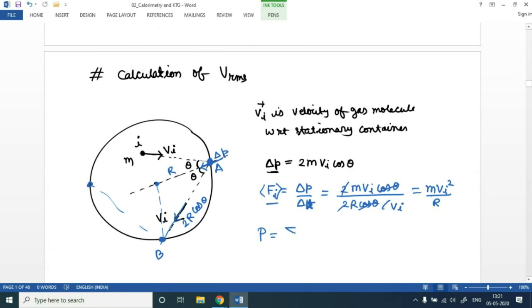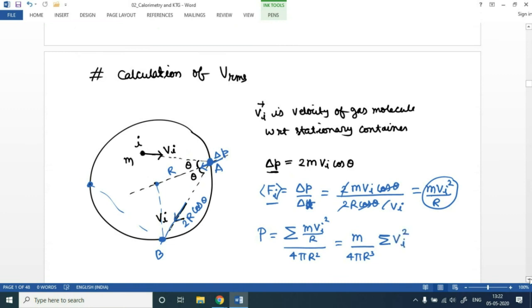So the perpendicular force due to the collision of all the molecules, you can have the summation of this term, that would be m vi square upon r, and when you divide it by the total surface area of this sphere, that would be 4 pi r square. The expression you will get over here is, m you can take common, and that would be nothing but 4 pi r cube, and here we will have a summation of vi square.